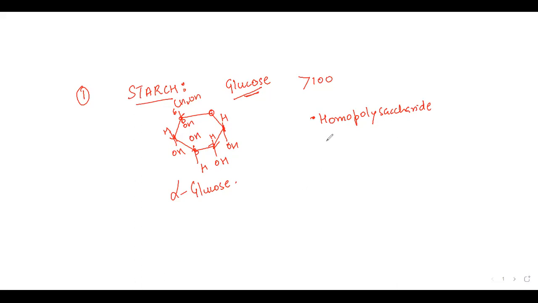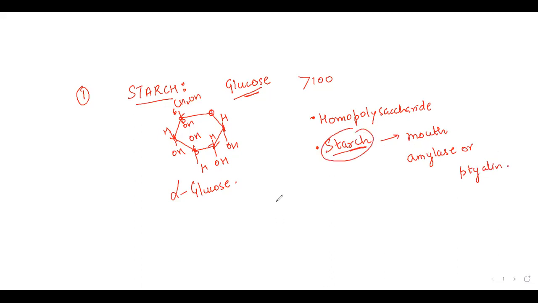A very important thing is that starch is one of the carbohydrates which is digested first in the mouth of humans. In the mouth, there is an enzyme called amylase or ptyalin, which breaks down the starch.